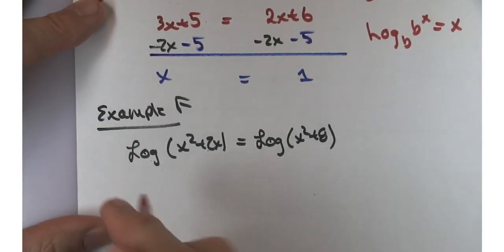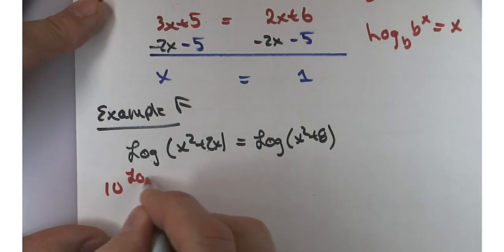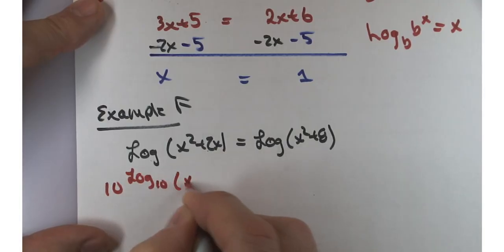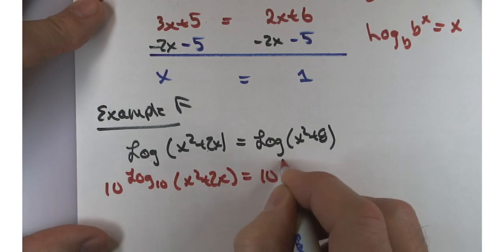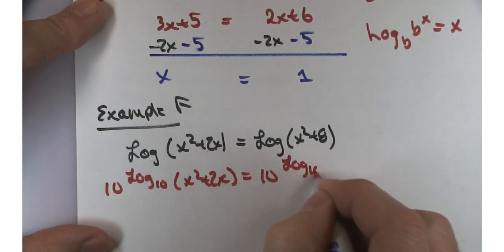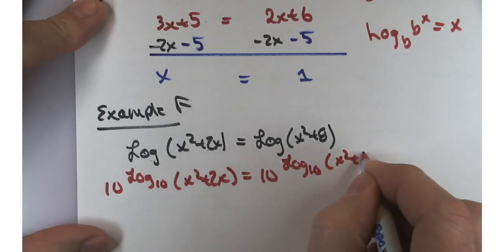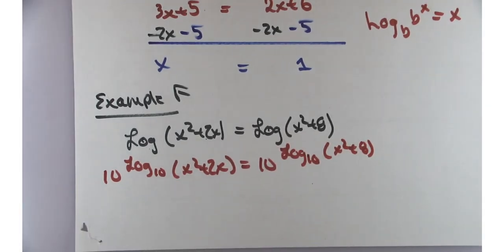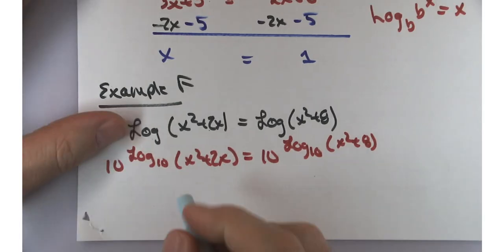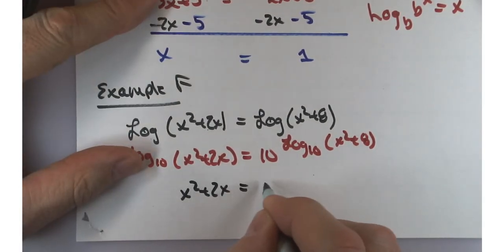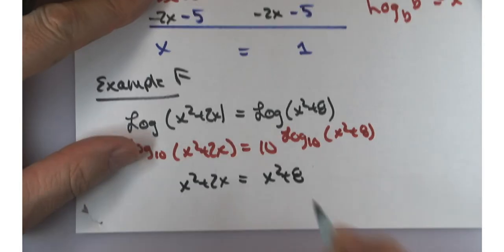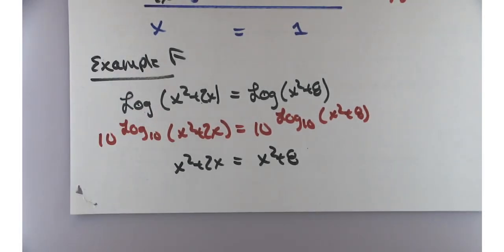So 10 to the log base 10 of x squared plus 2x equals 10 to the log base 10 of x squared plus 8. Those things cancel each other out, and I'll be left with x squared plus 2x equals x squared plus 8. Suggestions on what to do to solve?